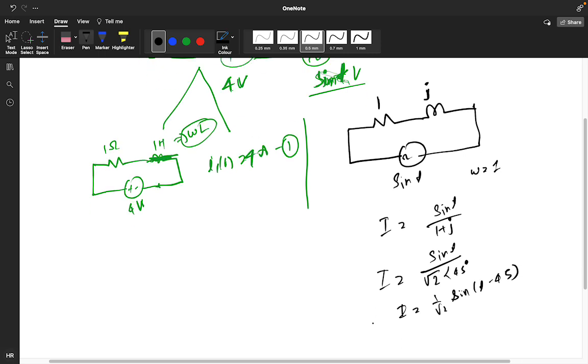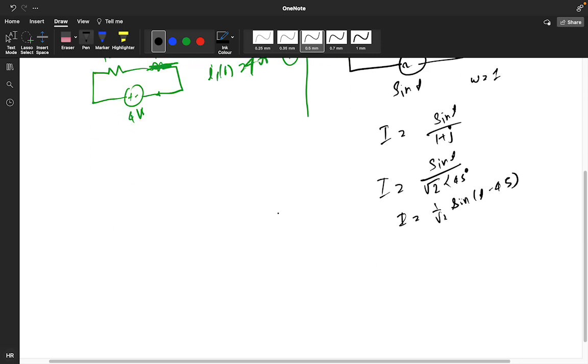This is your I2. So I will be I1 of t plus I2 of t. So I will be 4 ampere plus 1 by root 2 sin of t minus 45 degree.